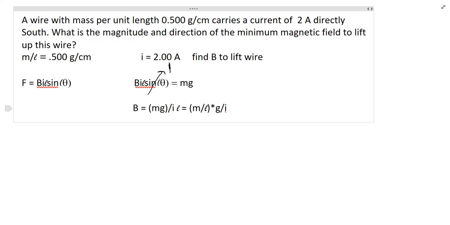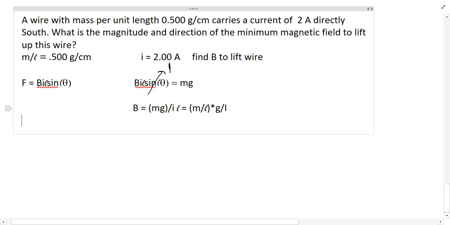So now we're ready to plug in numbers. Before we do that, we need to make sure that all of the numbers we have are in SI units of kilograms, meters, and seconds. Current, 2 amps: the amp is the SI unit of current, so that one's okay. Mass per unit length, 0.500 grams per centimeter: grams need to be converted to kilograms, and centimeters need to be converted to meters.